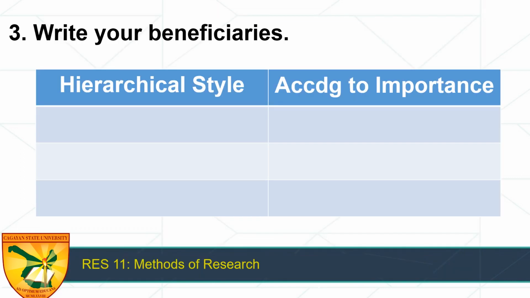So a third step in writing your significance of the study is writing your beneficiaries. This is an enumeration of the beneficiaries which depends on the position or authority. For example, you have two types, hierarchical style and those according to importance.